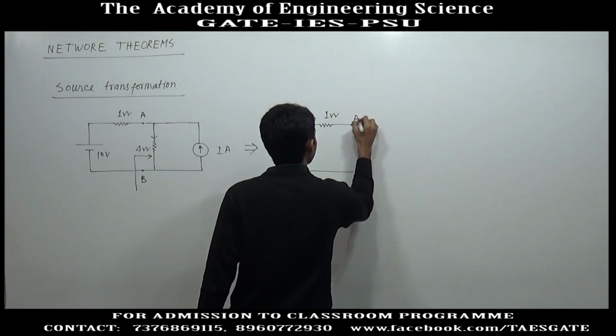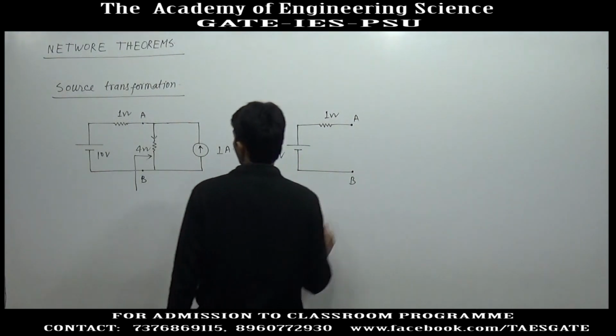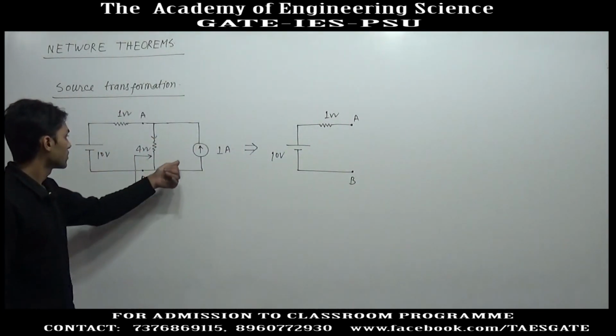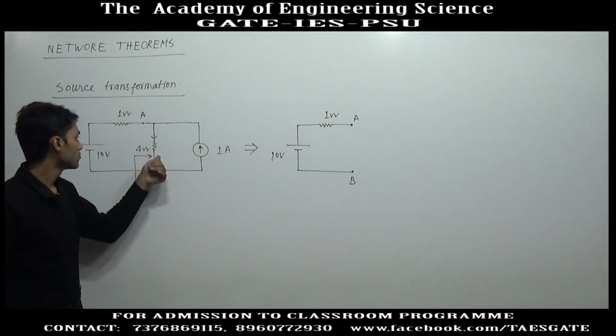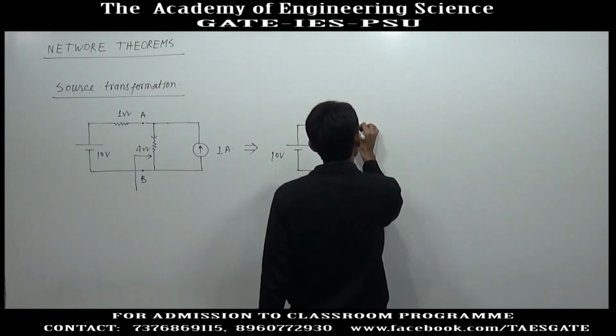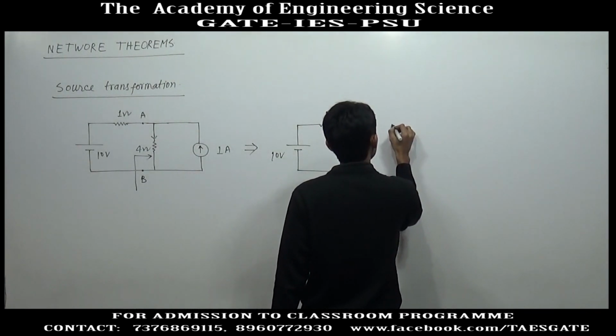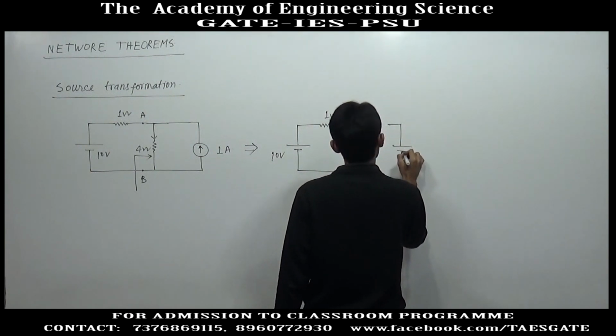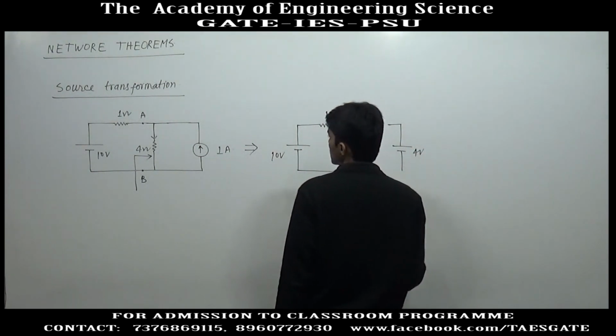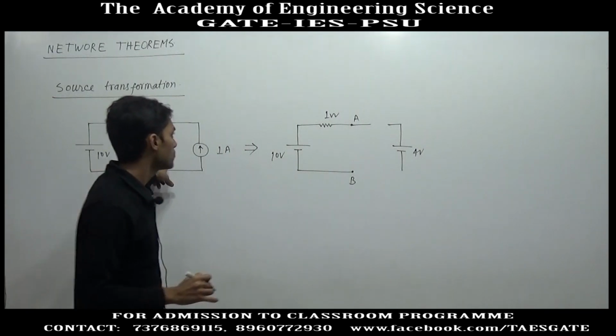Here you have point A and point B. Now the voltage source will be a 1 into 4 volt voltage source and a 4 ohm resistance.